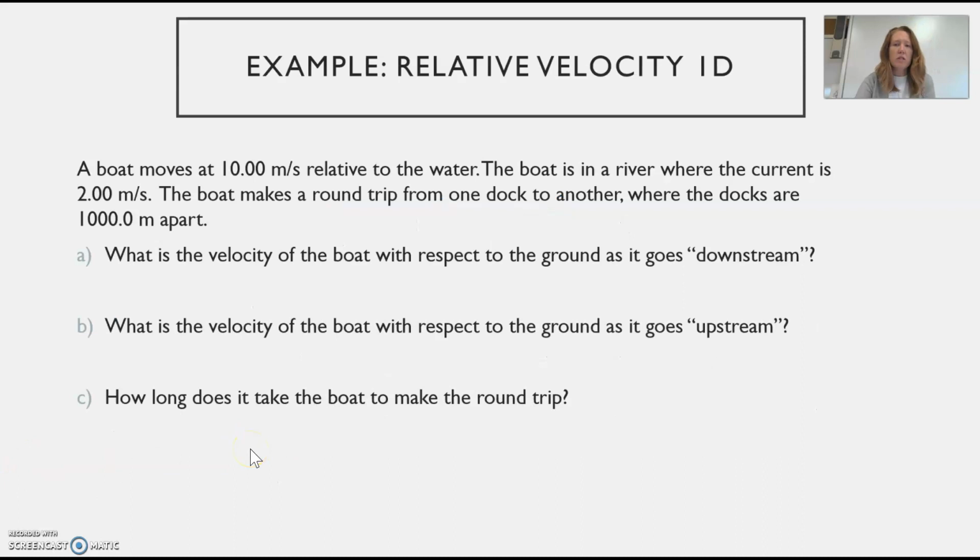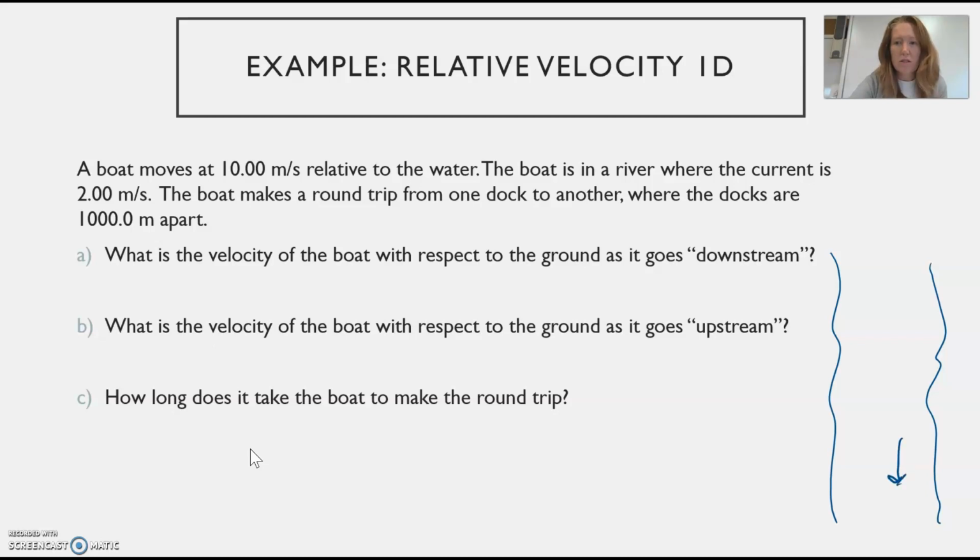Okay, so let's do an example. We have a boat moving relative to the water. I'm going to maybe draw this vertically. So here's our river. Let's pretend the current is going this direction.